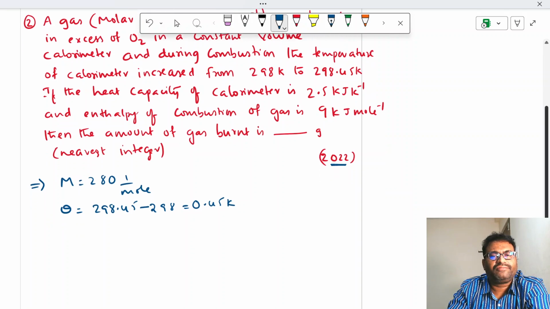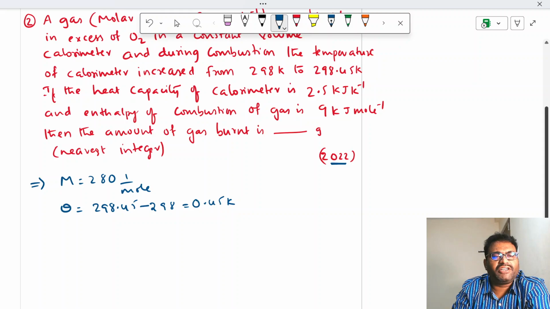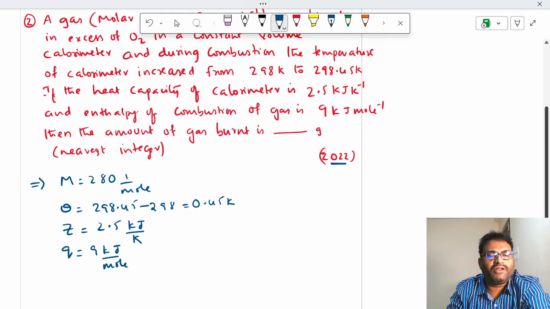Next, the heat capacity Z is equal to 2.5 kilojoule per Kelvin. And enthalpy of combustion of gas, right? So enthalpy Q given as 9 kilojoule per mole.